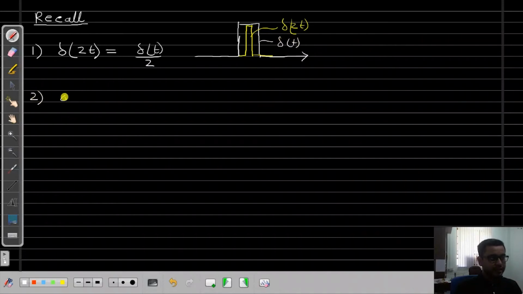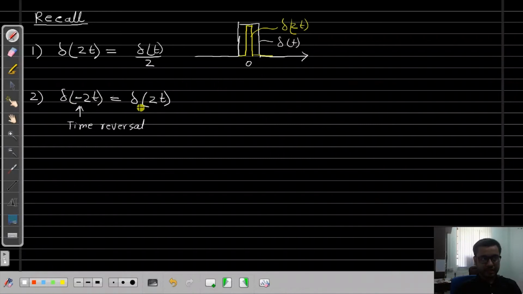Then if I write delta(minus 2t), that will be the same as delta(plus 2t), because the minus sign is a time reversal. However, if you flip this signal horizontally around t equal to 0, nothing changes. The signal remains at the same position, same location, and the area is also not changing.